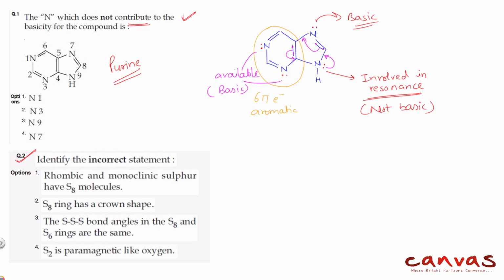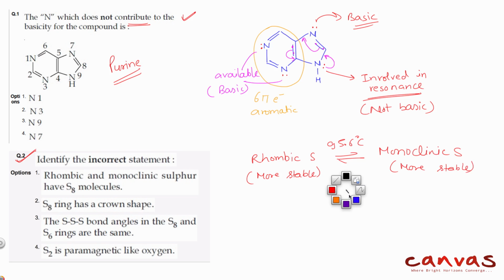Now coming to the second question, the rhombic and the monoclinic sulfur. Now the rhombic sulfur gets converted into monoclinic at a temperature of 95.6 degrees. Below this temperature, rhombic is more stable, and above 95.6 degrees the other allotrope is more stable.